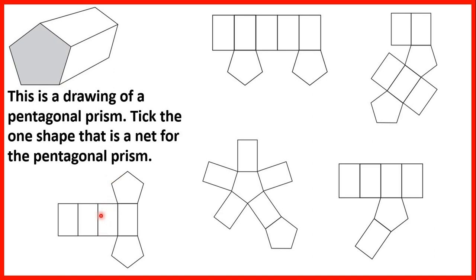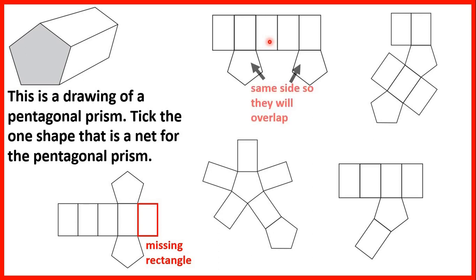So the problem with this diagram here is that it's only got 4 rectangular faces, so there's a missing rectangle. The problem with this diagram is that these pentagons are on the same side, so they will overlap. This net does work because we can have one pentagon here.